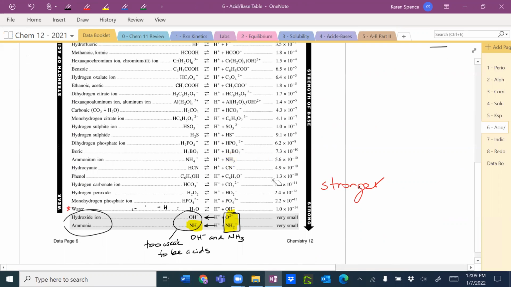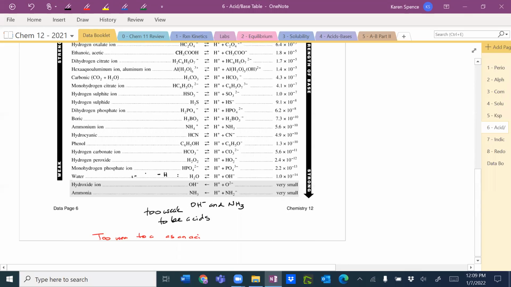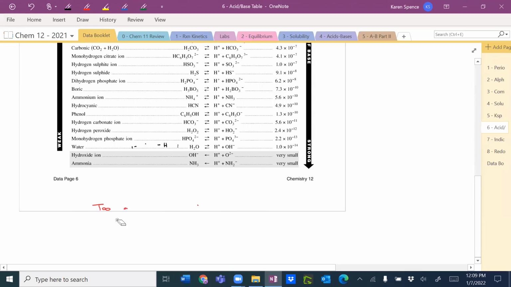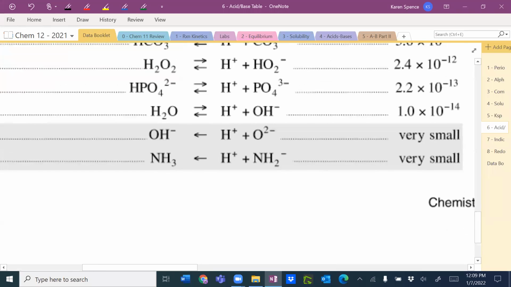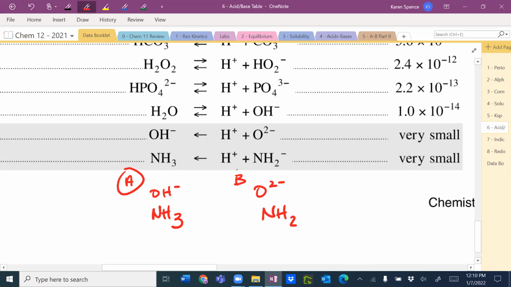Keep going all the way to the bottom of your data booklet, because your two strong bases are, is it OH- and NH3, or is it O2- and NH2-? Let's call this option A, let's call this option B. Who are the strong bases?